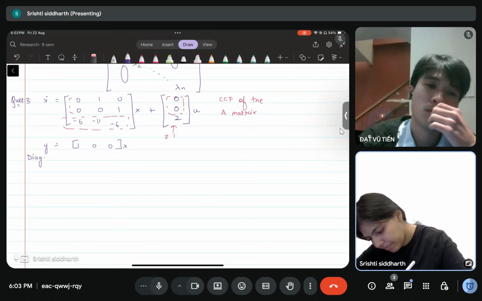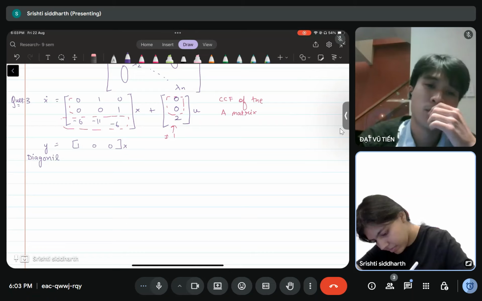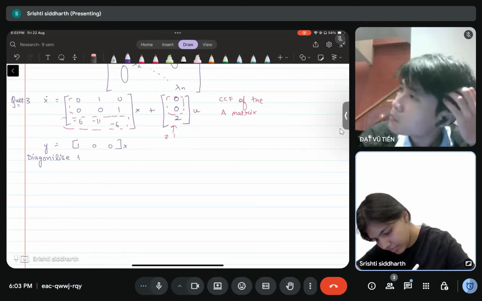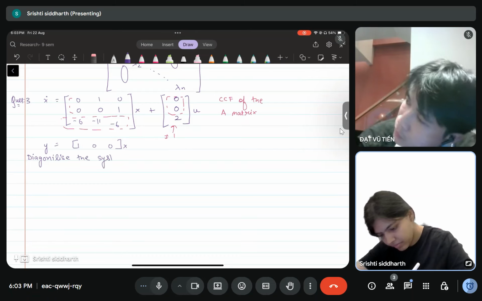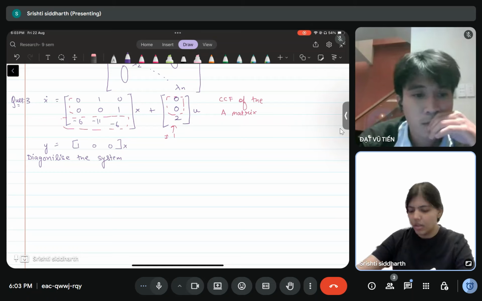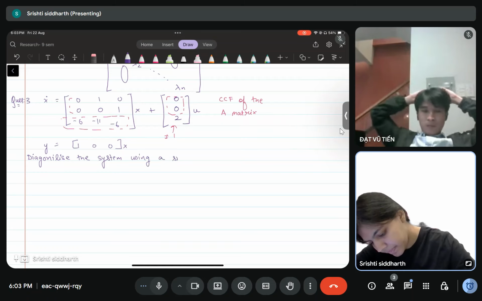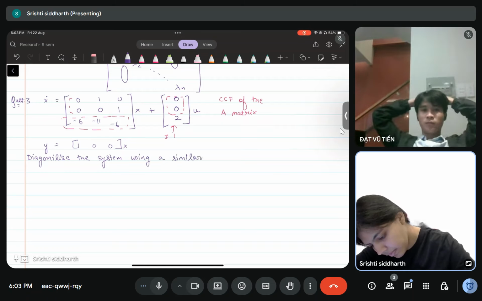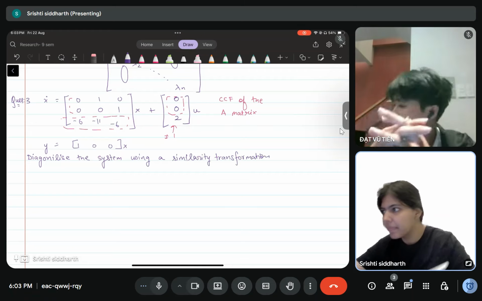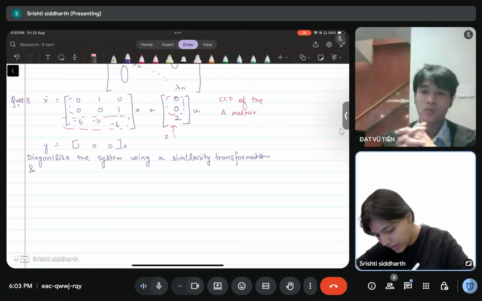The system, using a similarity transformation, then find the modified system.